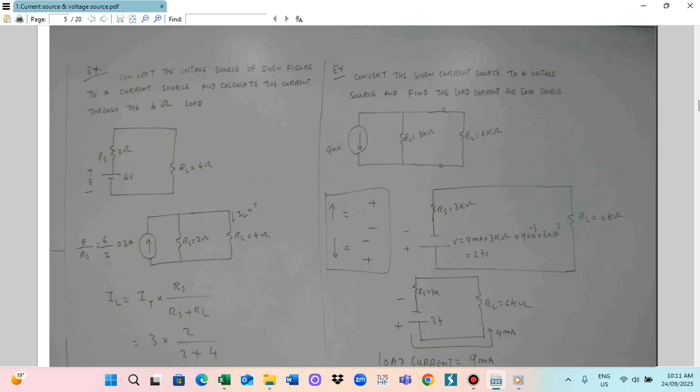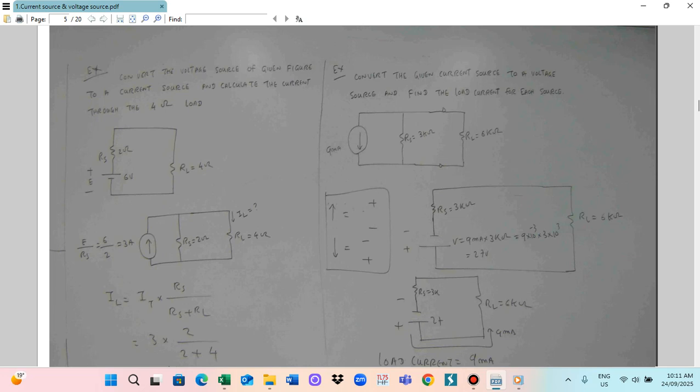We also need to find the current passing through the 4 ohm load, so you have to find the current IS. How to find it? You have to use the current divider theorem. The total current is 3 ampere, multiplied by RS and divided by RS plus RS.